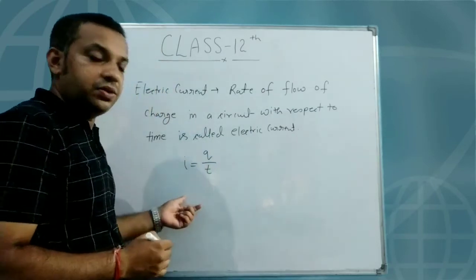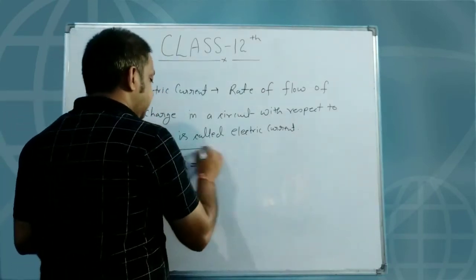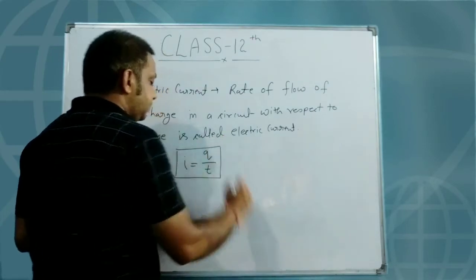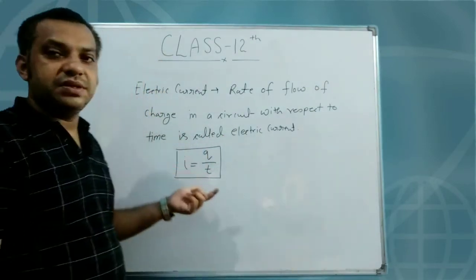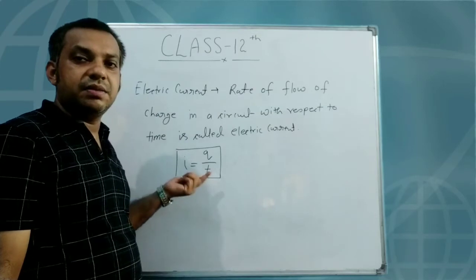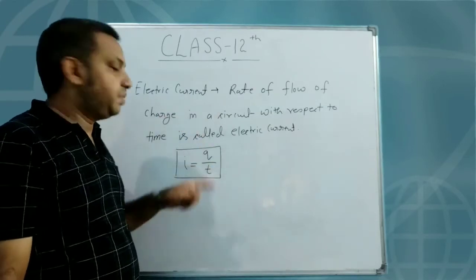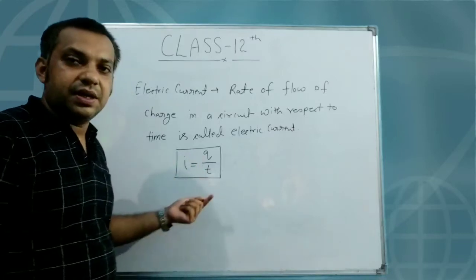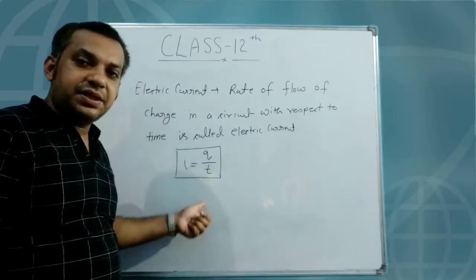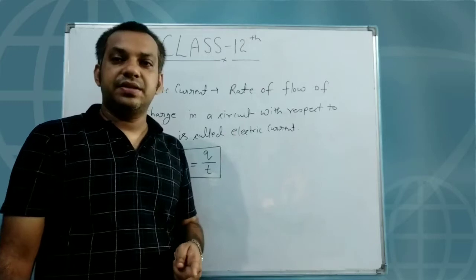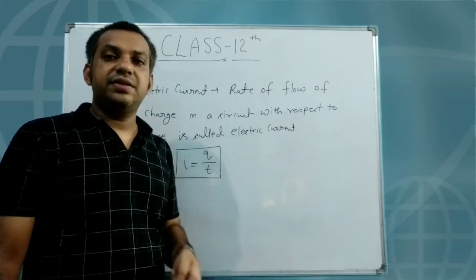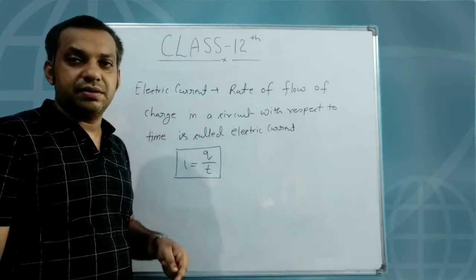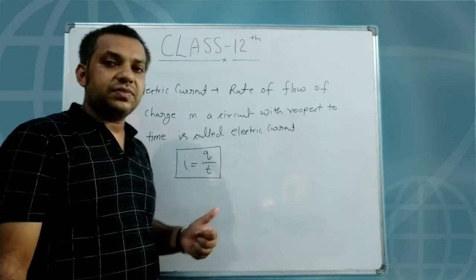I is equal to Q by T. This is the mathematical representation of the statement: it is simply the rate of flow of charge. That means in T time, the Q amount of charge is circulating at any section of a circuit, which is called the electric current.